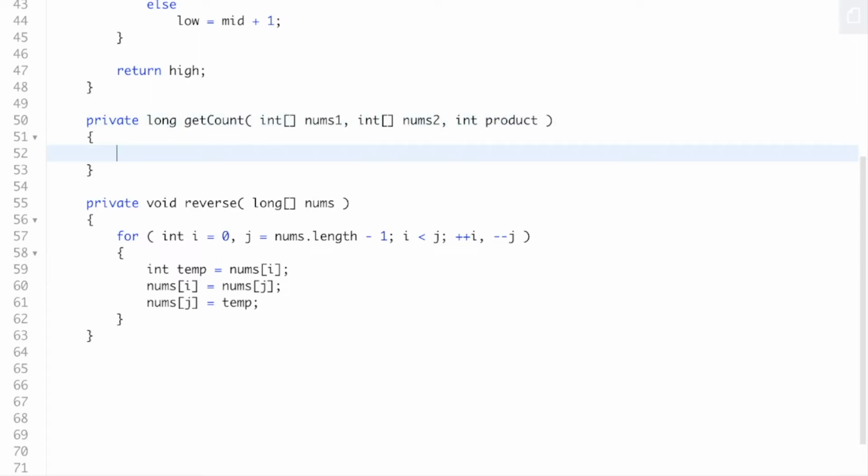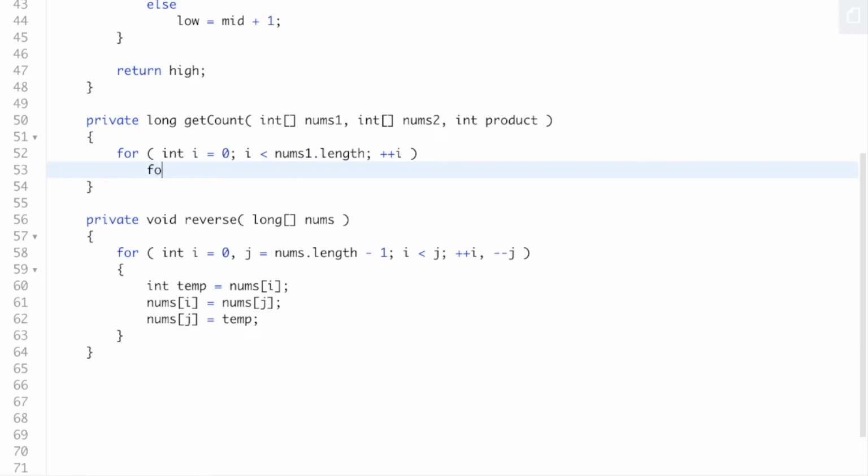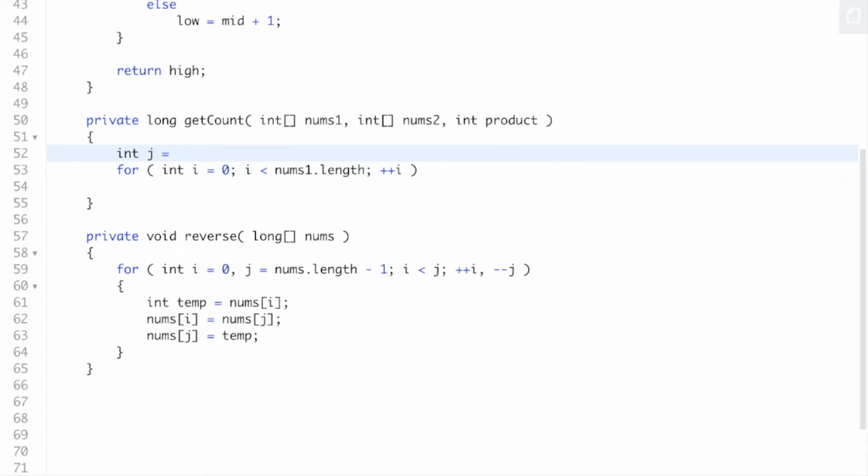Now, how do we want to do this? We need to do the whole i, j thing. So we'll do int i equals 0, i less than nums1.length, ++i. And we'll just declare j out here, and set it equal to nums2.length.